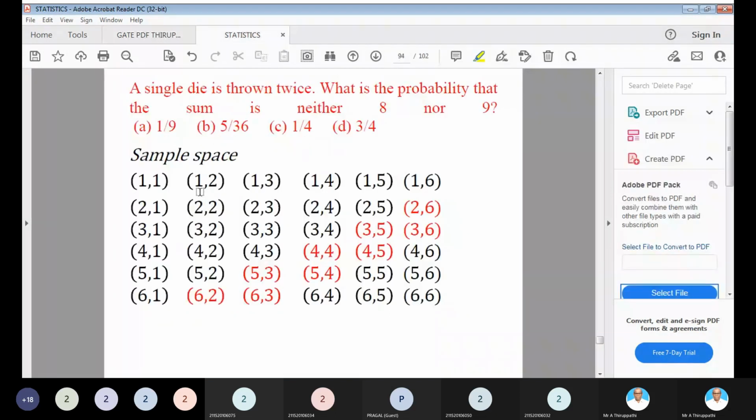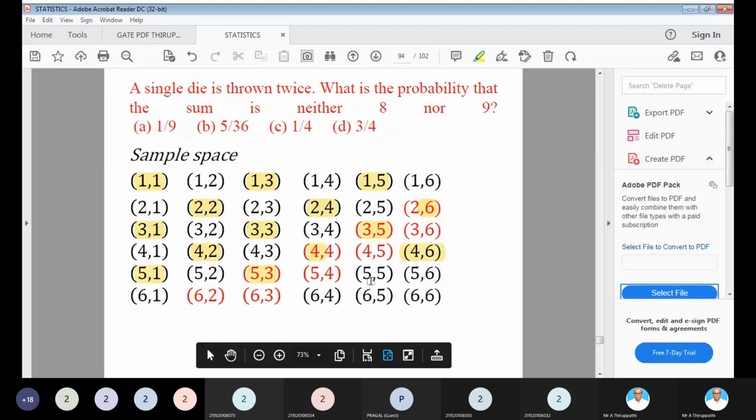First 1 plus 1 even, 1 plus 3 even, 1 plus 5 even. Next 2 plus 2, 2 plus 4, 2 plus 6, 3 plus 1, 3 plus 3, 3 plus 5. Next 4 plus 2, 4 plus 4, 4 plus 6. Next 5 plus 1, 5 plus 3, 5 plus 5. 6 plus 2, 6 plus 4, 6 plus 6.